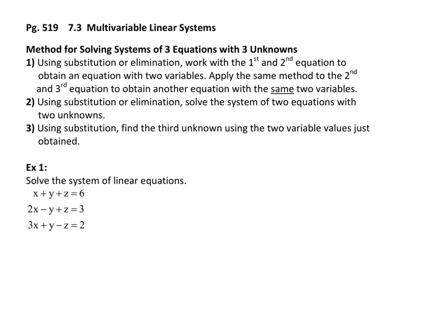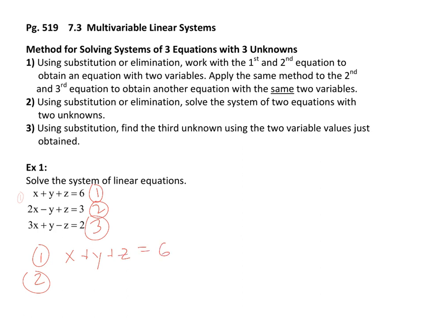I suggest labeling each of the equations 1, 2, 3. And for equations 1 and 2, I'm going to cancel out the y. So I have equations 1 and 2, x plus y plus z equals 6.